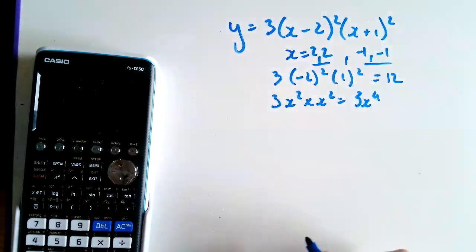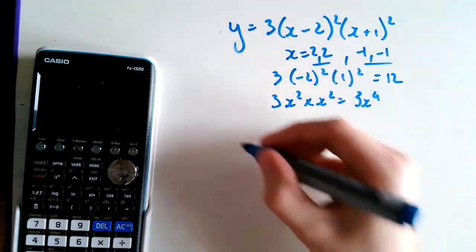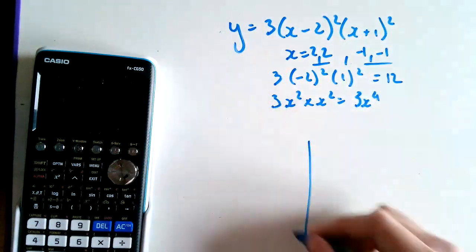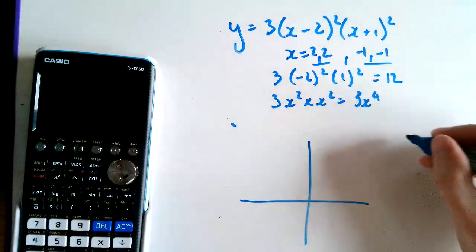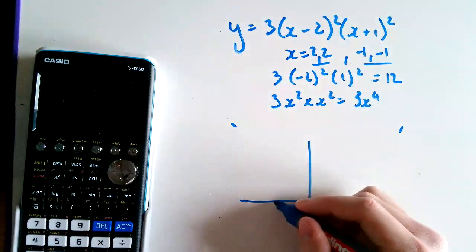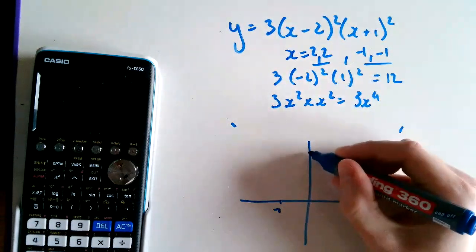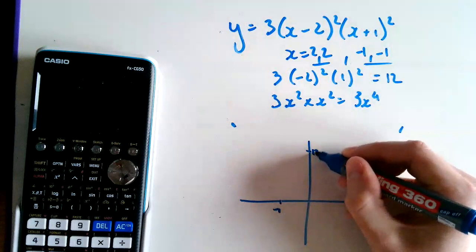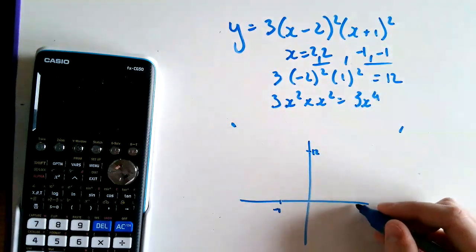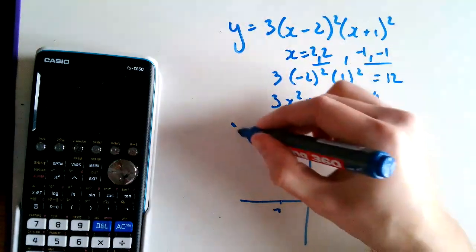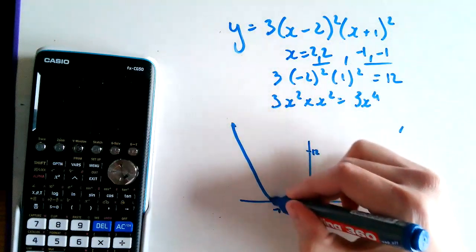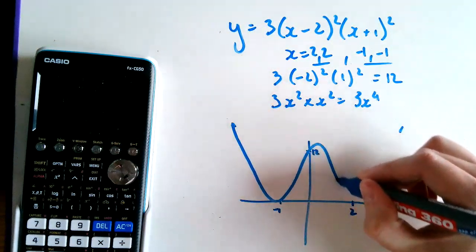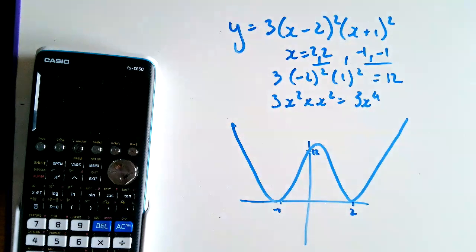It's a positive x to the 4, so an even power. So it starts up here and ends up here. It's going to bounce at minus 1. It's going to go through 12, and it's going to bounce at 2. It's going to look something like that. You can always sketch on your calculator to check.